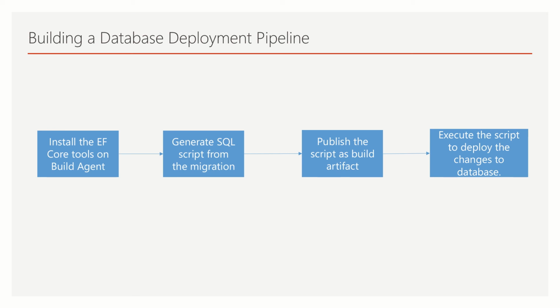So first we need to install the dotnet ef tool on the build agent. Next we need to generate the script, then publish that script as a build artifact. It's an optional step. And then execute the script to deploy the changes to the database. Okay, these are the four steps. For example, publishing the script as a build artifact is an optional step.